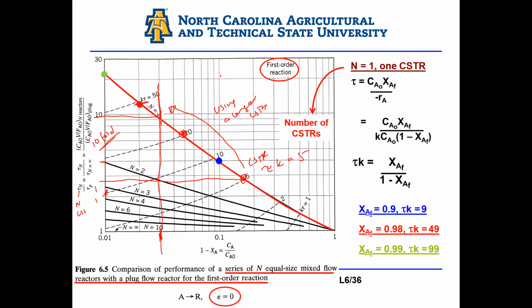Alternatively, I can just number up the CSTRs. So instead of using one CSTR, I can use 2, 3, 4, 5 CSTRs. If I use 5 CSTRs with the same overall volume, I can still achieve this conversion.